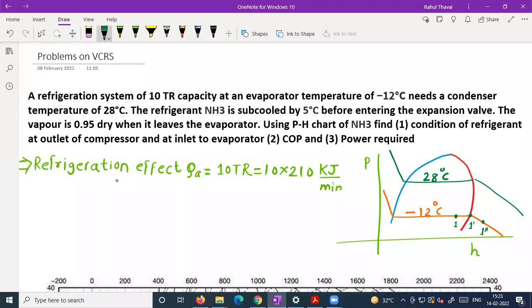That's why it is wet. When you talk about point 1 dash, it is lying on the dry saturated vapor line. That's why at 1 dash we have dry vapor. Once it crosses this boundary, it becomes superheated.